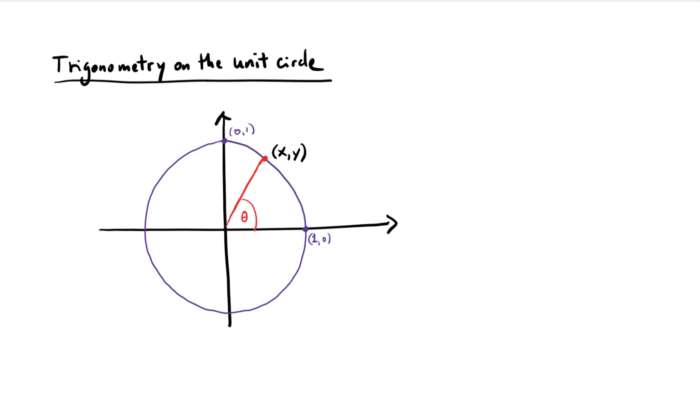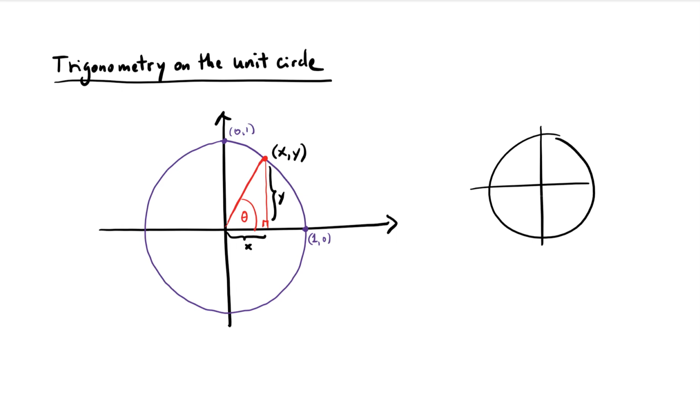Why is that? Well, look at this triangle here. Okay. The one in red. Notice that this side here, this is x, this is y. Very quickly, I could have also an angle like this.